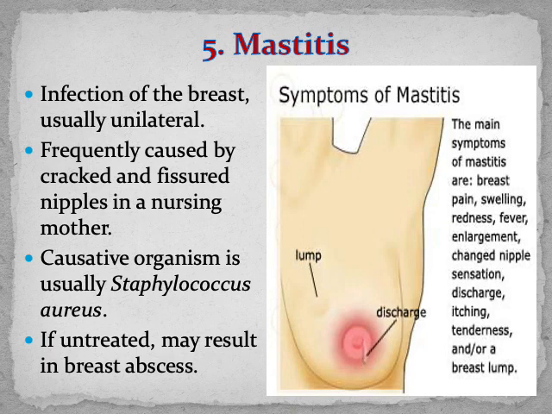Kaya nga yung symptoms niya, bukod sa pain, swelling, redness, fever, enlargement, change in nipple sensation, may mga abnormal discharges aside from the milk, itching, again, yung tenderness pag pinalpate, at minsan may breast lump. Mastitis may occur from day 7 postpartum until the baby is months old.